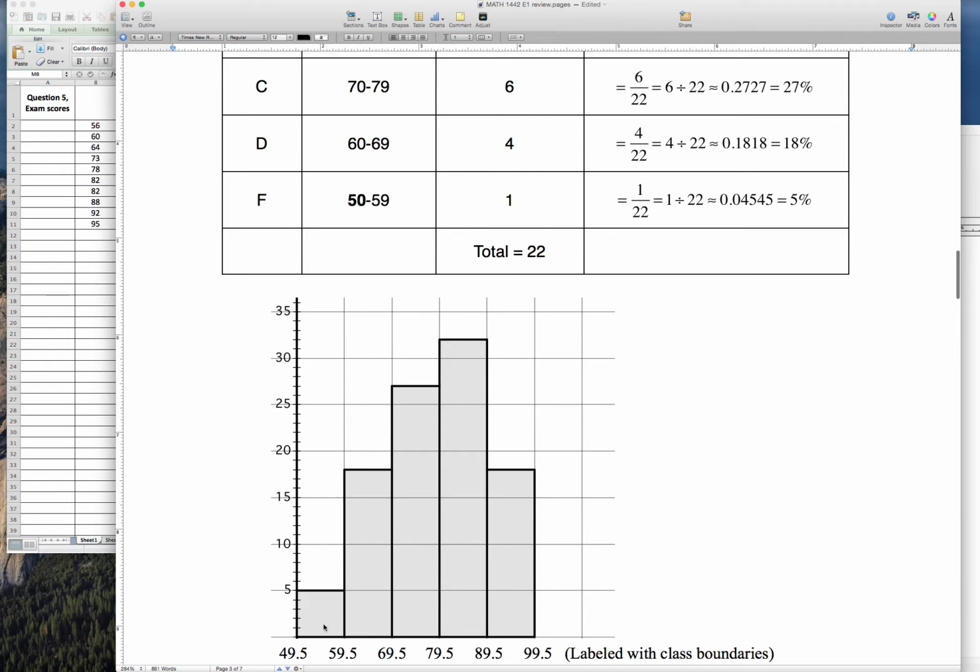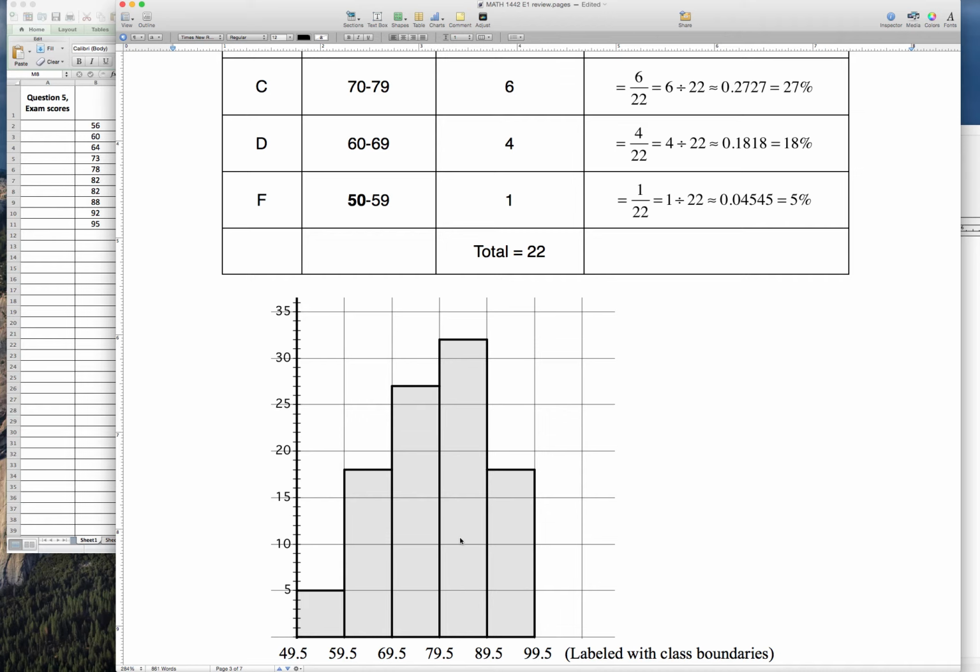And then for the height of each bar, you just mark, you draw a line that's level with this value here. 5% is marked here. 18%, here's 18, 15, 16, 17, 18. So you just mark the top of that bar right there. 27%, here's 25, 6, 7. So you mark the top of that bar right here.